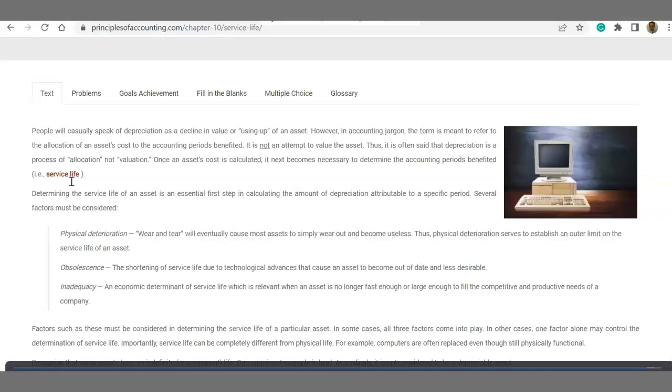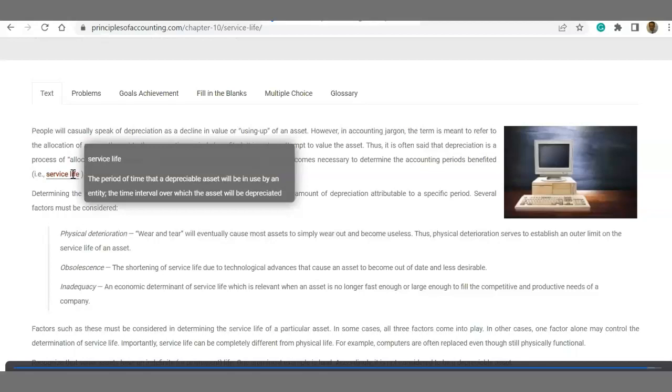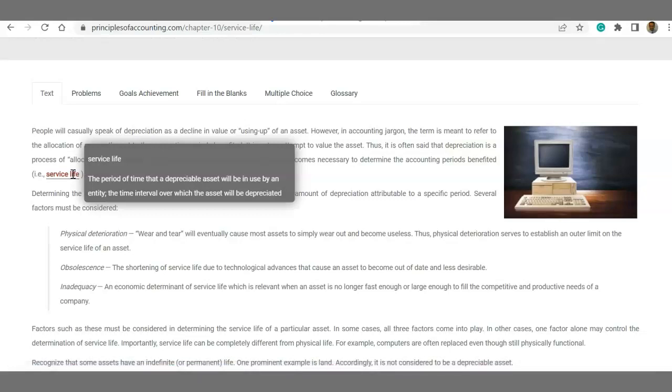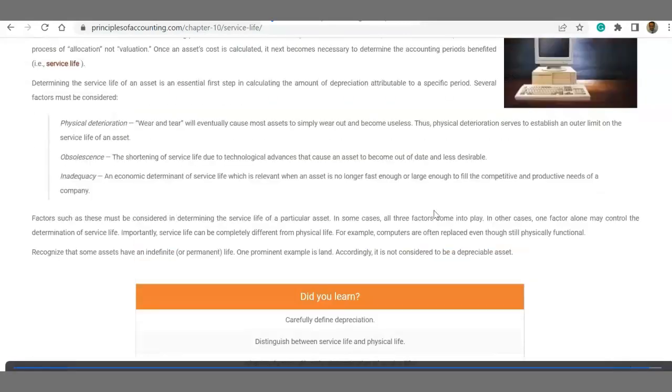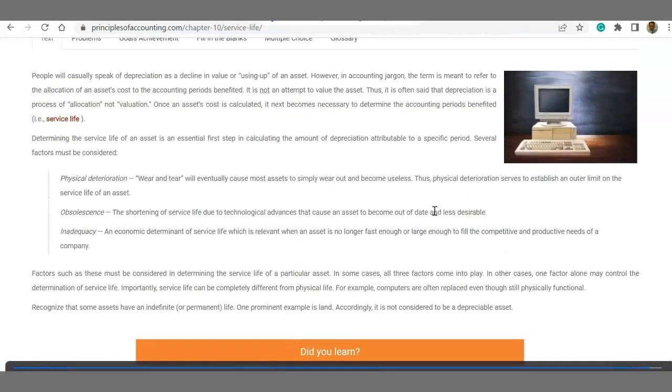So we need to know the estimated useful life. It's the period that we think the asset will provide benefits, and we're going to depreciate based on that useful life of service. So we might use different ways of depreciation.